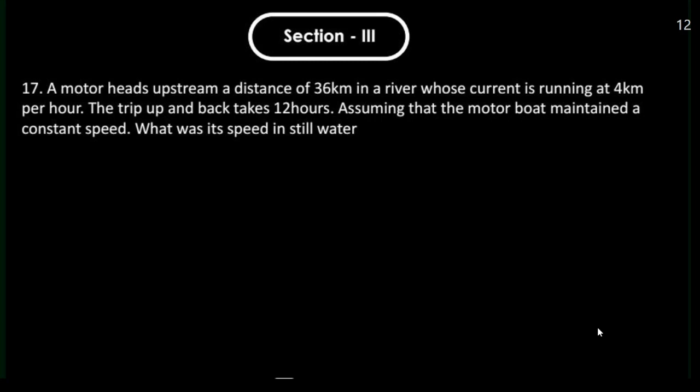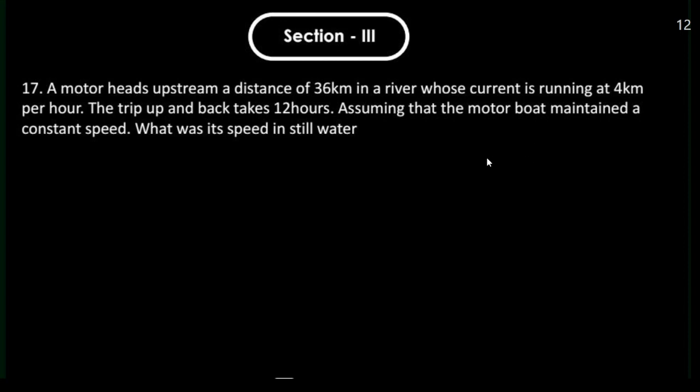A motorboat goes upstream a distance of 36 kilometers in a river whose current is running at 4 kilometers per hour. So here it is a relative velocity problem. So simply you need to focus on upstream and downstream distances.